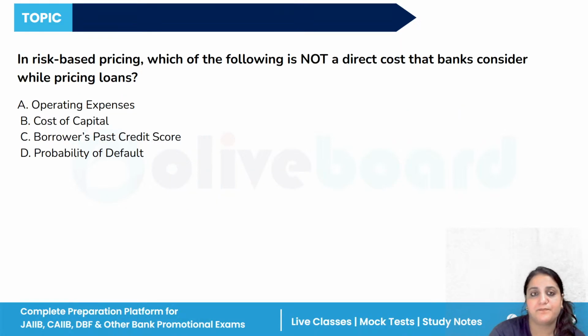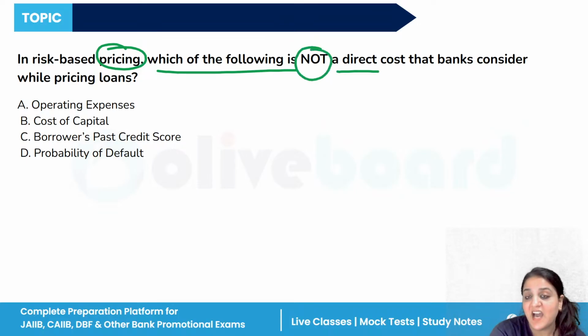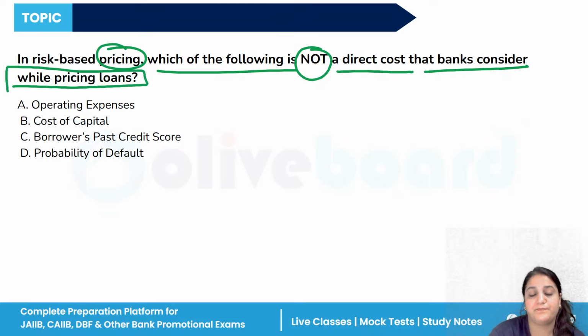In risk based pricing, which of the following is not a direct cost that a bank considers while pricing the loans?